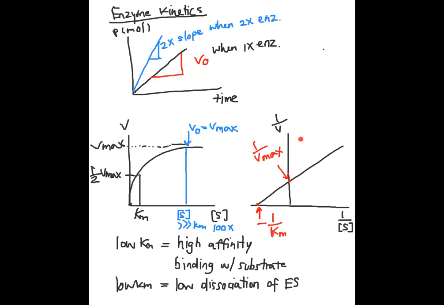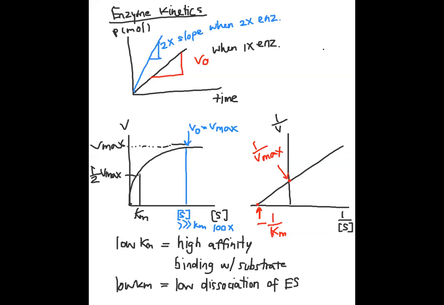So, okay. That is all the different graph types to study enzyme kinetics. I should mention one thing earlier about the first graph over here.